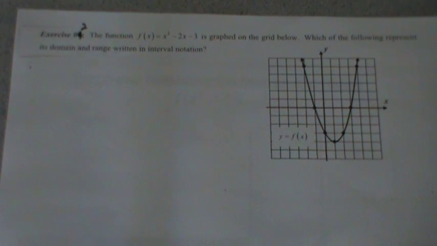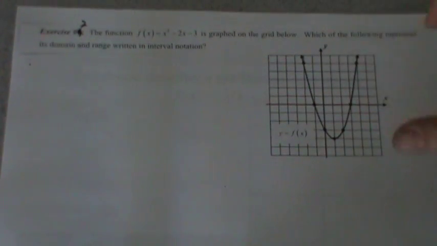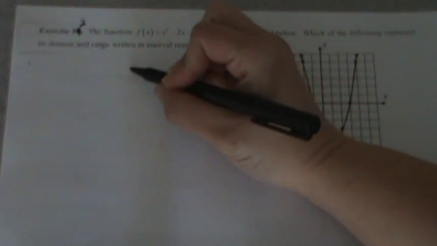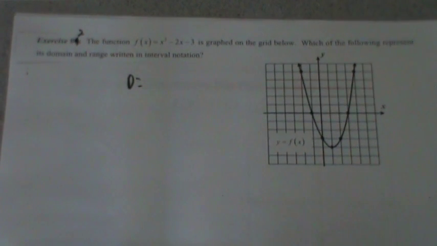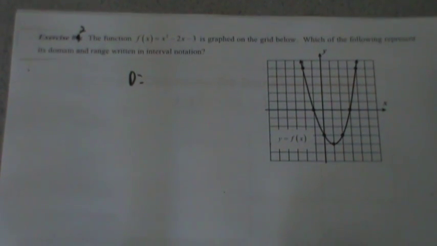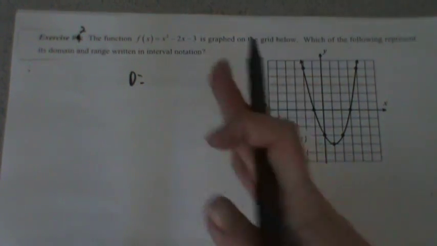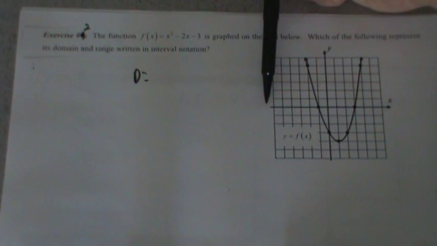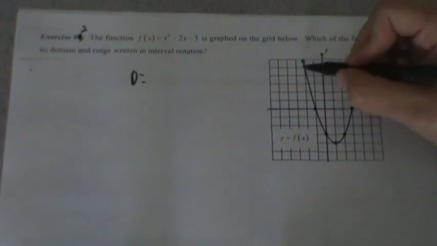I want to know what the domain and range is in this. Most of the time, either you're given a graph or I'll expect you to graph something and tell me domain and range. So you don't have to go through the steps we did last time. If I'm doing domain, remember domain goes from left to right. If I'm going left, is there an ending point?